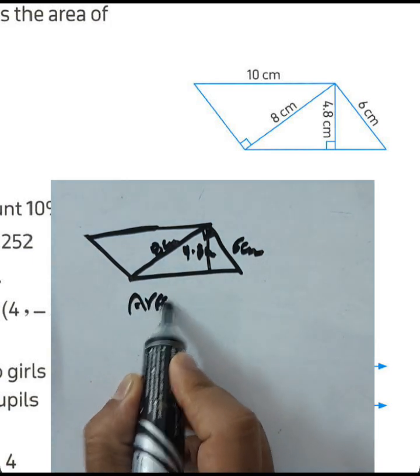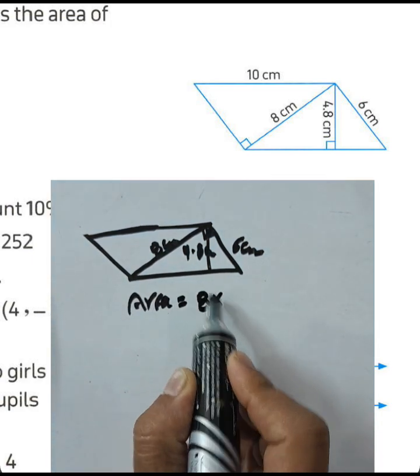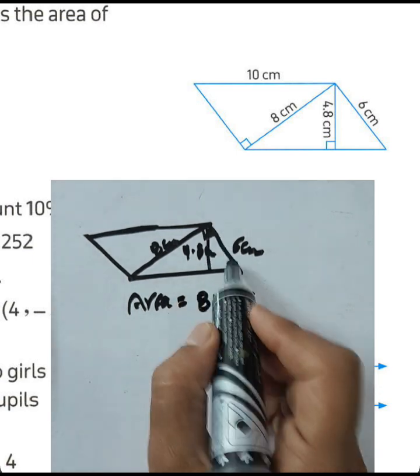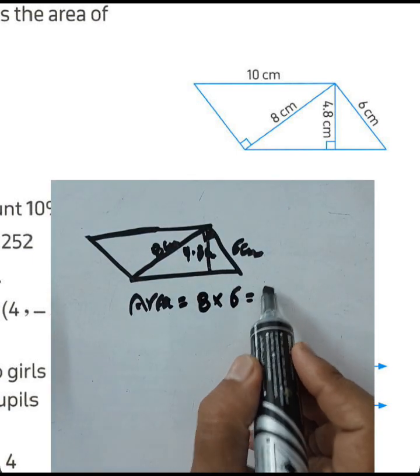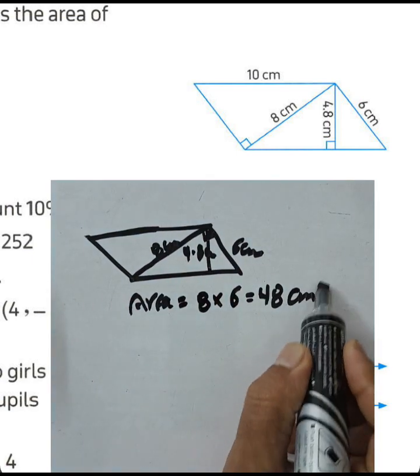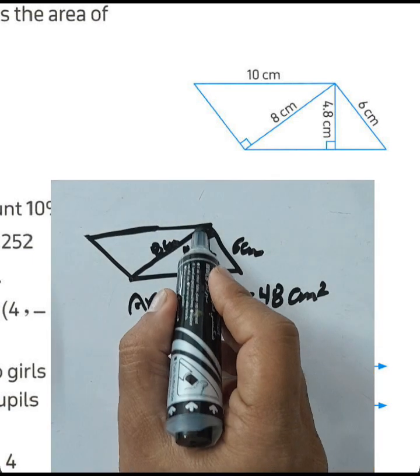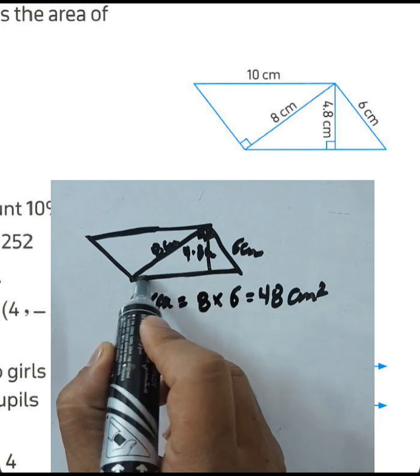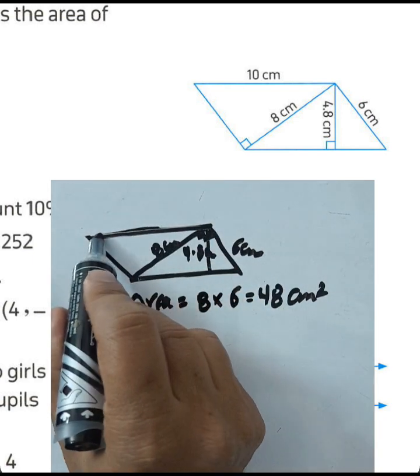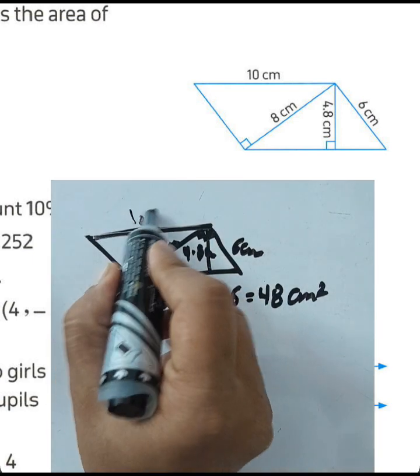Then the area will be 6 times 8, base times height. 6 times 8 equals 48 square centimeters. Or you can write 4.8 perpendicular to this base, opposite the base here was 10 centimeters.